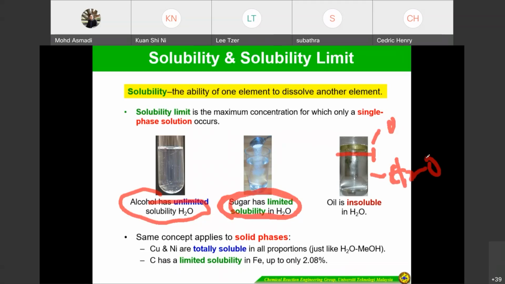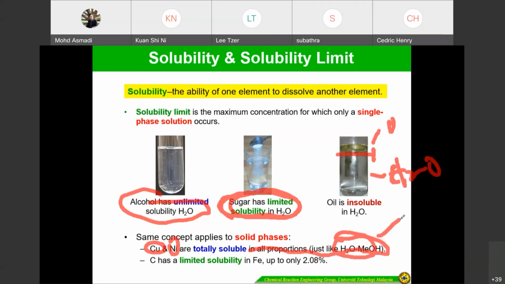And then, the same concept also applies to the solid phase. Oil and water are different compounds in a mixture with different densities. The same concept applies to solids. For example, copper and nickel are totally soluble in all proportions, like water and methanol.